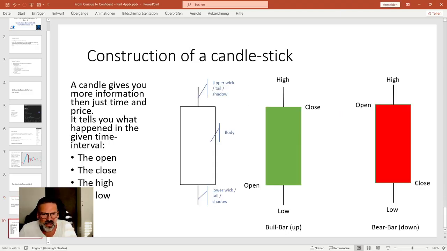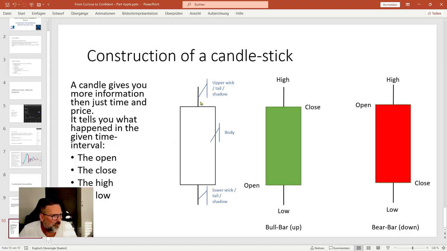How is that candlestick constructed? Other than line charts, you get here a little bit more information, not just time and price. It tells you a little bit more about what happened inside a given time interval. So this is the anatomy of a candle. You have here what we call the body.